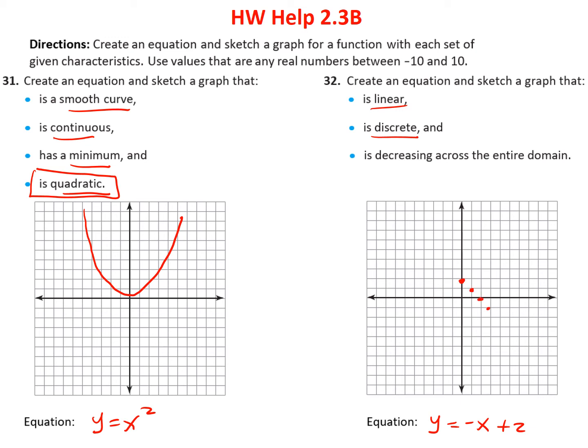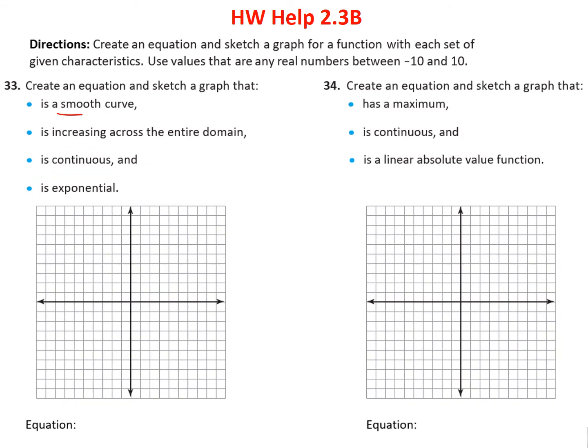And I'm just going to make the dots like this to make it discrete. And so this would be a sample of a discrete linear function. Discrete, again, simply means the points aren't connected. They're separate pieces. So that's a linear discrete function, and it's decreasing over the same domain. Remember, when we say increasing and decreasing, we mean like you read it from left to right, it's going down.